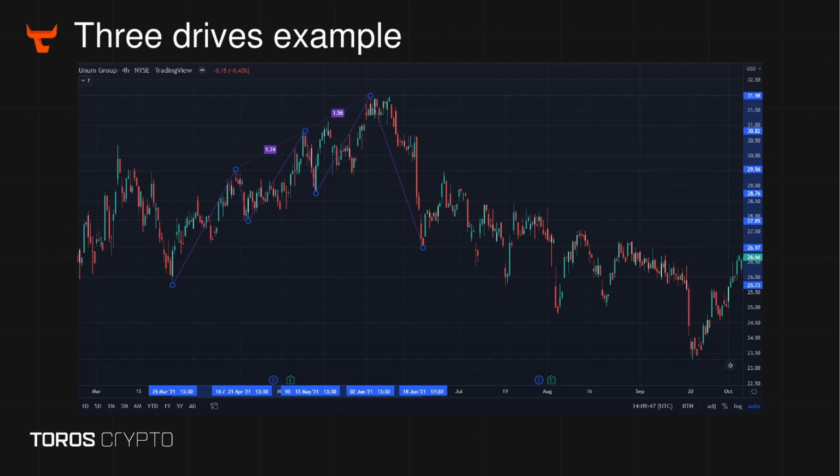So therefore, that's why the cipher was not covered in this video. However, I know many people do trade the cipher, so it's something that you can choose to look into. It is very similar to the shark, so if you understand the shark, you'll likely understand the cipher. It's just got slightly different retracements for the different legs, that's all.